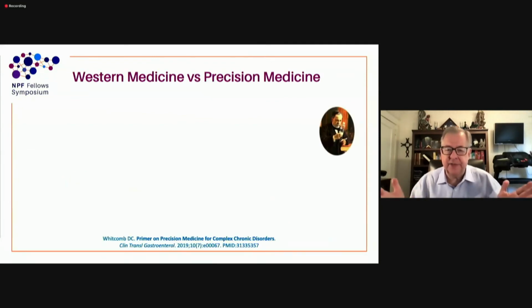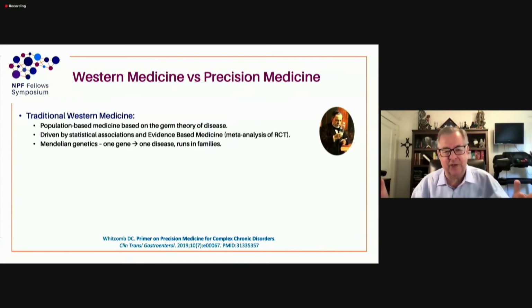Now, Western medicine is based on the germ theory of disease. This is one of my heroes, Louis Pasteur. He really broke the paradigm of the old traditional medicine caused by bad humors and looked at case controls in order to understand these diseases. So this is based on population-based medicine and the germ theory of disease, where you look for a single factor causing a disease.